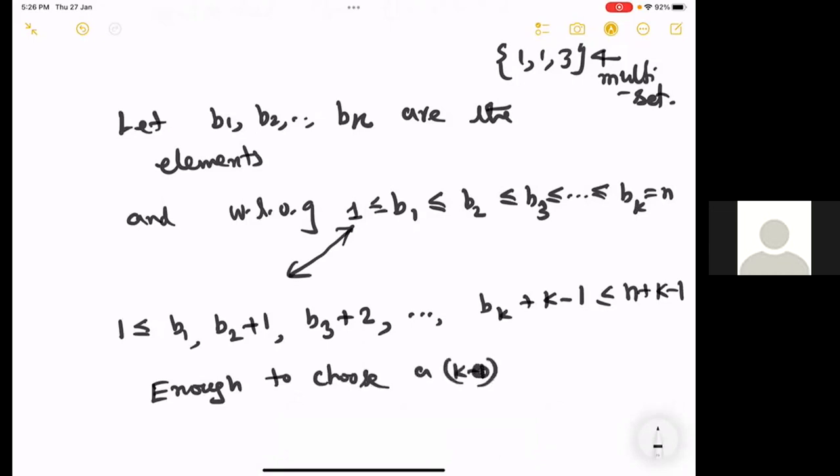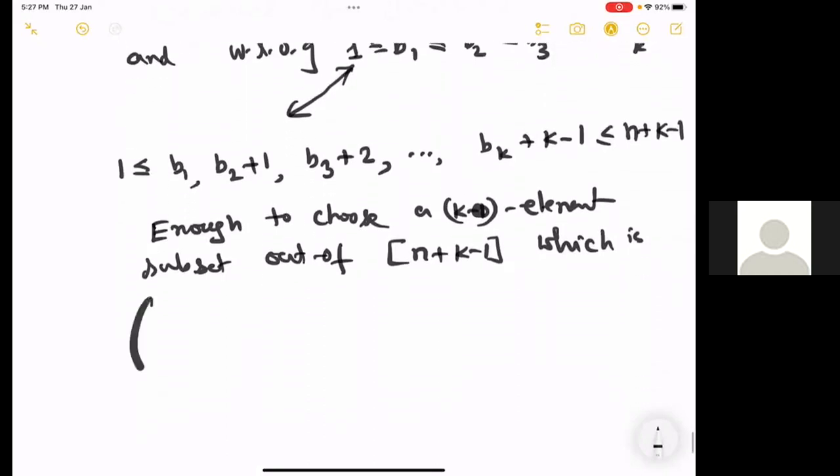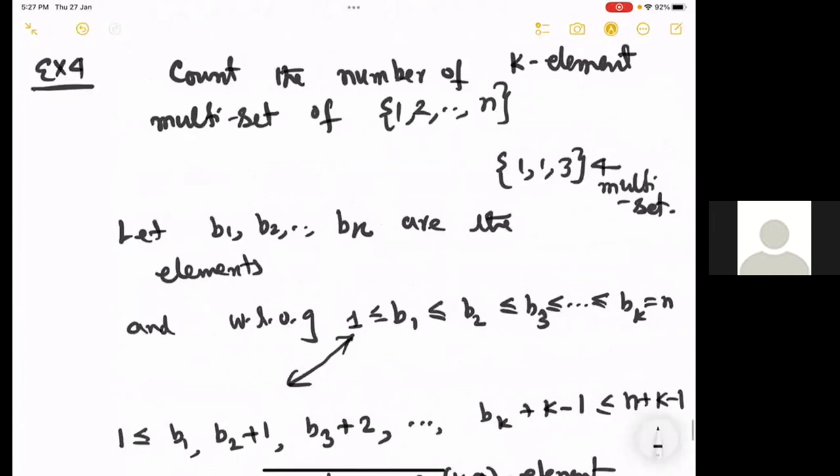So, k element. Good. So the argument is exactly similar. Okay. So good.